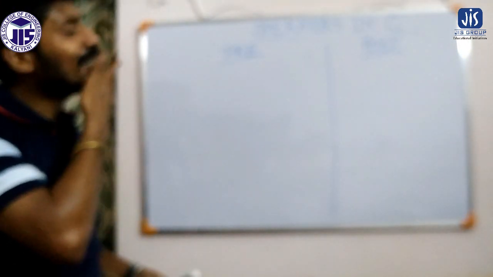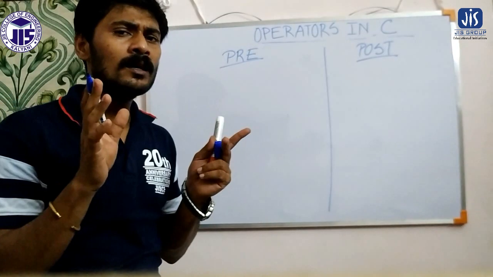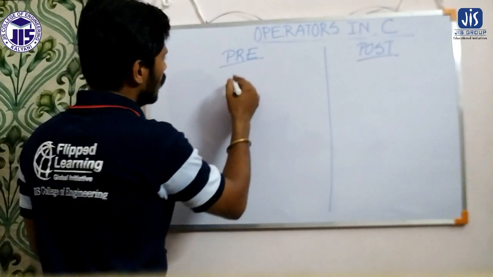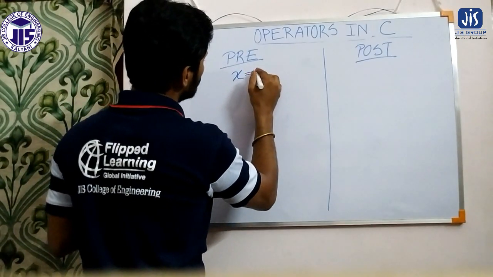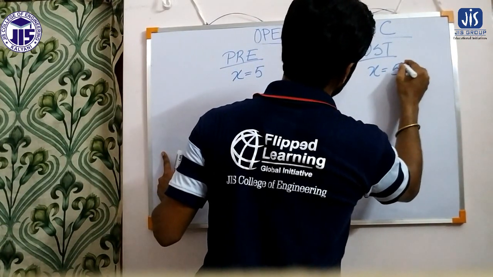In case of pre-increment and post-increment, in both the cases I will consider the same condition. Here the value of x is 5. Here also I have considered the value of x as 5.